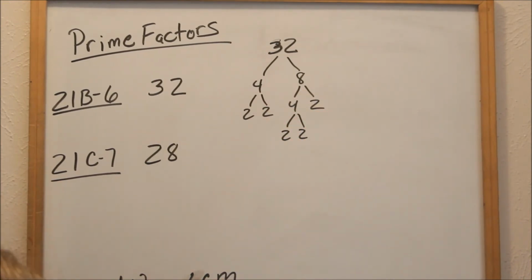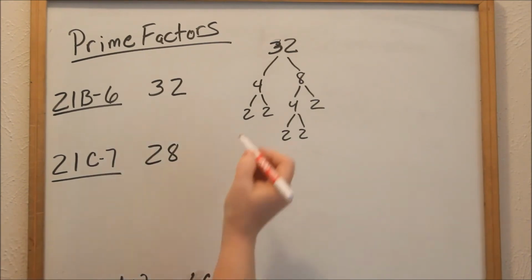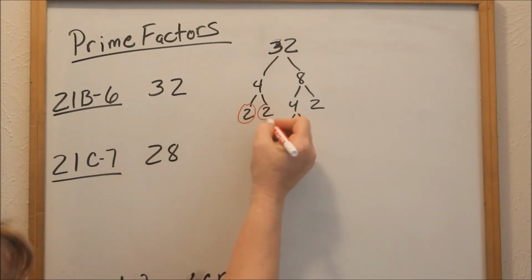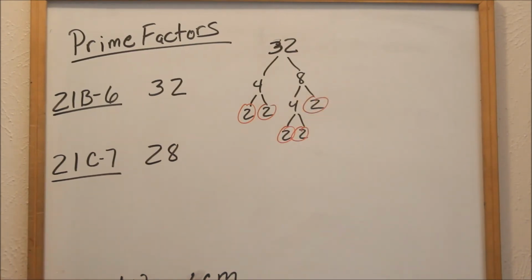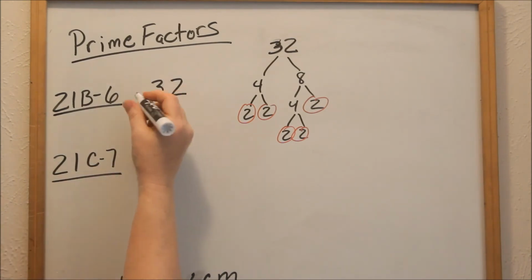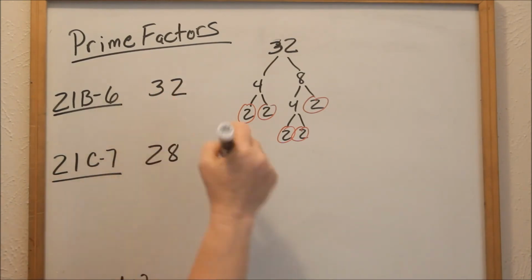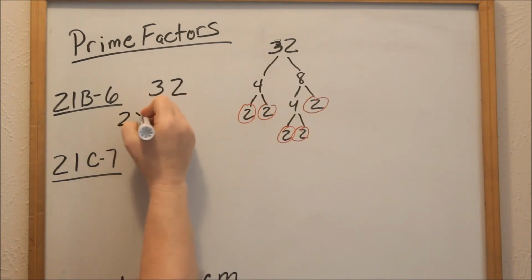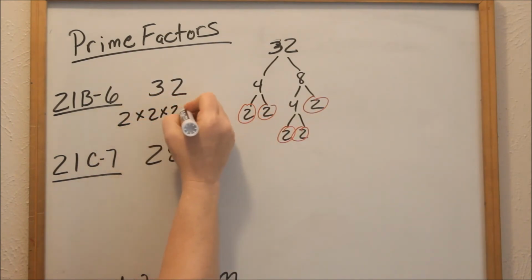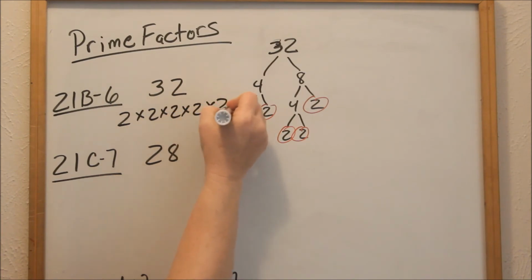So now you need to pick all your numbers at the bottom of the tree, at the bottom of these branches. Those are all prime factors of 32. So the way you write your answer is the prime factors are, there's 1, 2, 3, 4, 5 of these. 2 times 2 times 2 times 2 times 2.